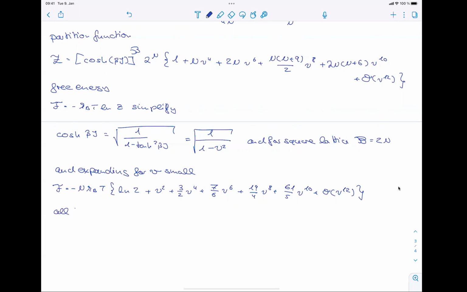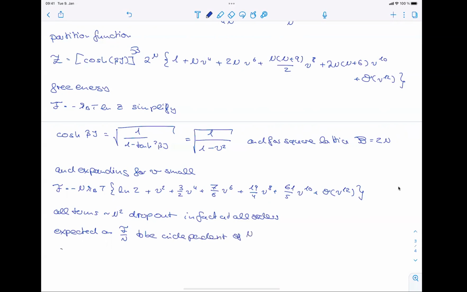So all terms squared drop out. In fact, all orders. And so using this physical insight allows for calculating rules for these graphs at higher order.